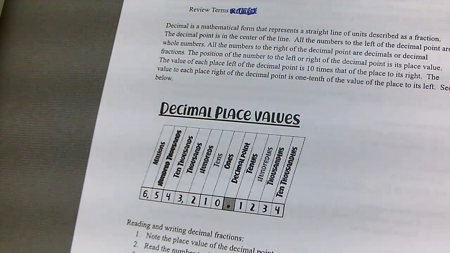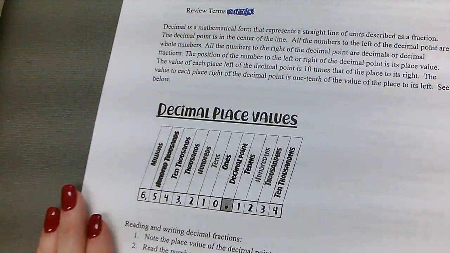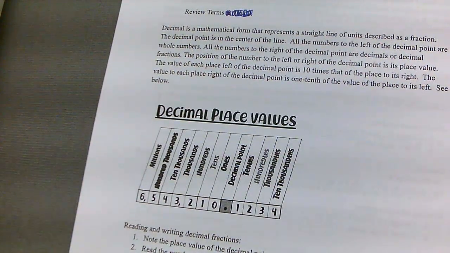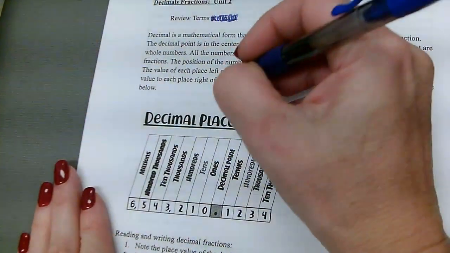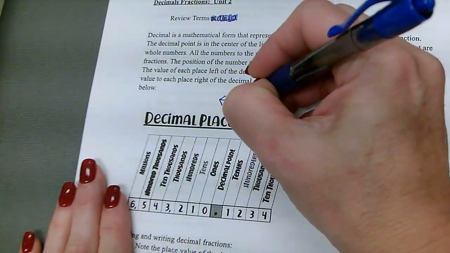And a decimal is basically, I want you to look at this definition that I have here. A decimal is a mathematical form that represents a straight line of units described as a fraction. So I always look at a decimal like a number line. Okay, so let's draw a number line here.